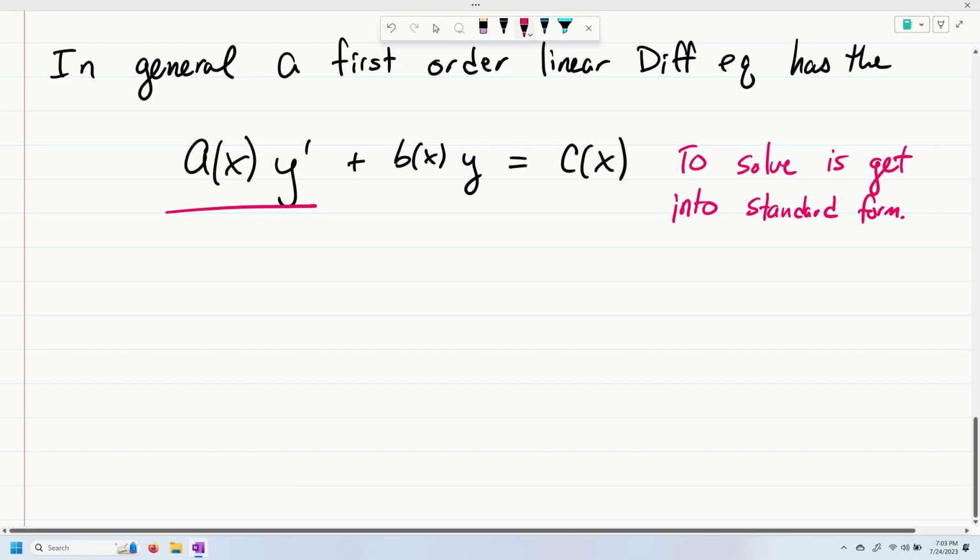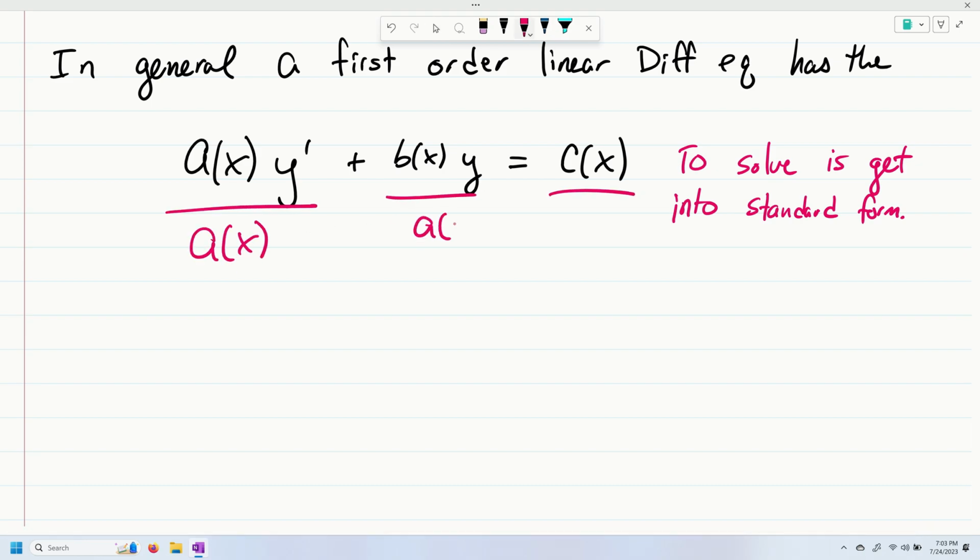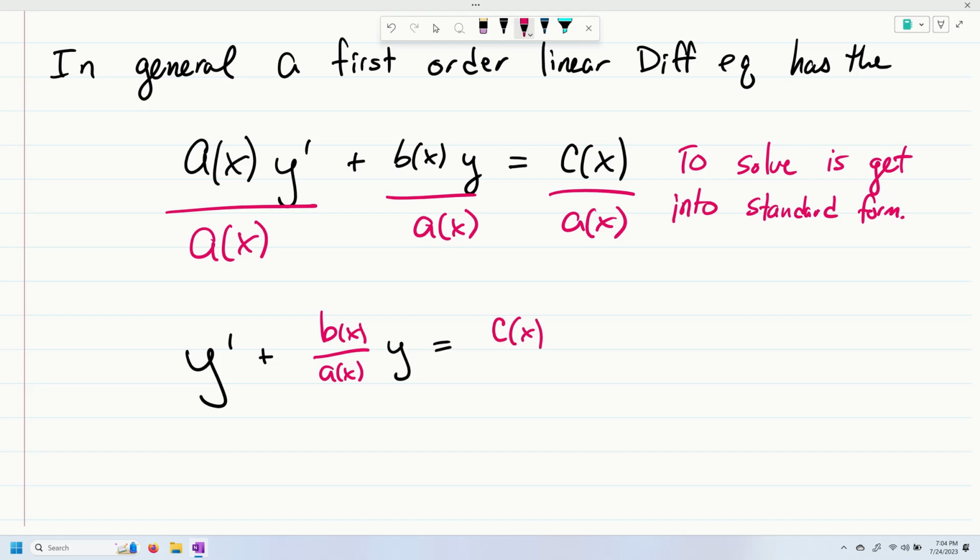All you have to do is divide every single term by the arbitrary function in front of the y prime. By doing that, it gives us y prime plus b of x over a of x, y, equals c of x over a of x.